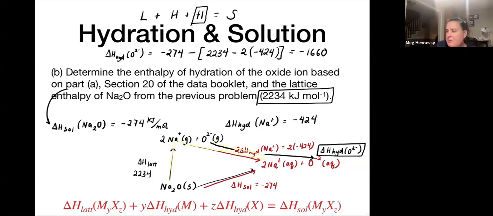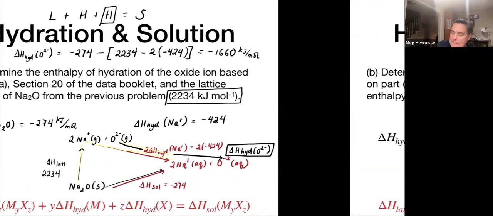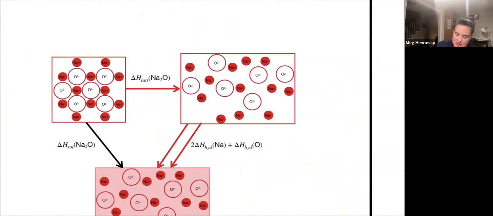I have a cute cartoon to see if I did an okay job with that. This is my final answer, 1660 kilojoules per mole. But here's my sweet little cartoon.